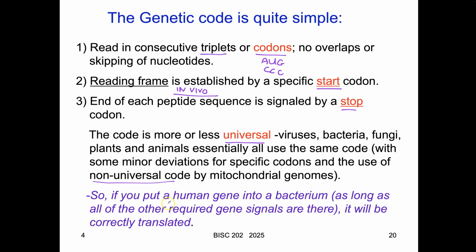But the cool thing is you can take a human insulin gene and you can clone it into a bacterium. And if you have the correct gene signals in there, it will make human insulin and it will be translated properly. And so this is really a cool feature of this process.